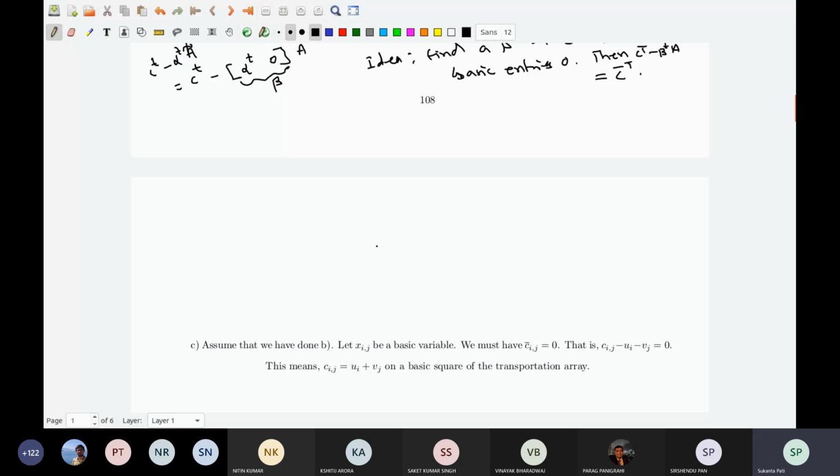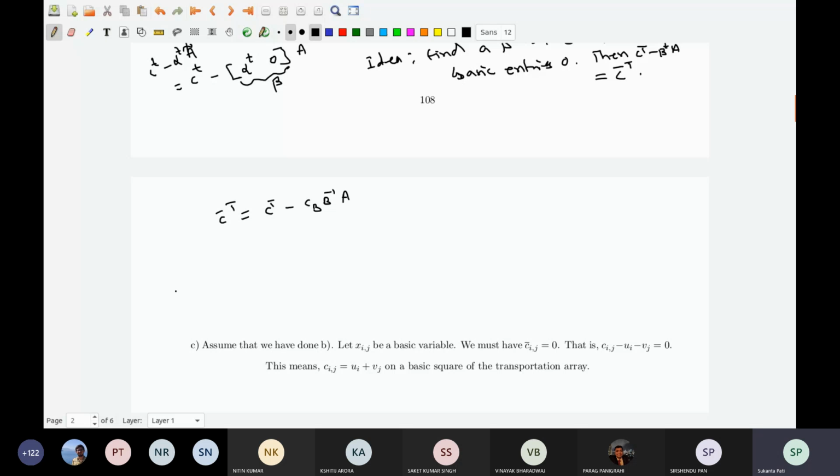You find out C bar transpose, that is, compute the relative cost vector. The formula is that C bar transpose is equal to C transpose minus CB B inverse A. This is the formula.